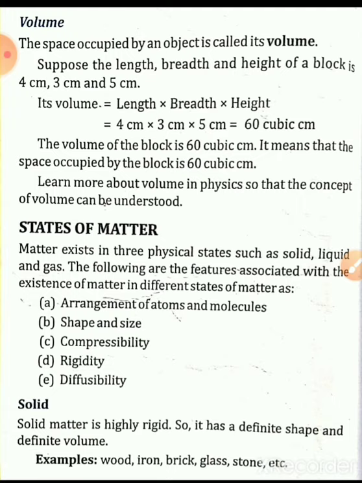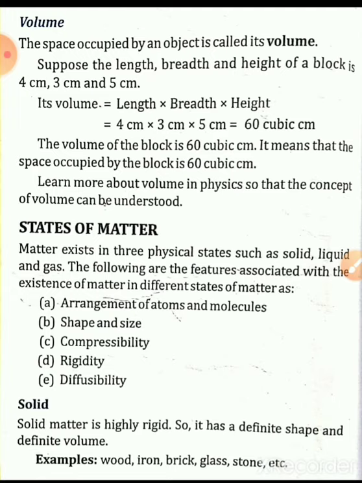Volume is equal to length into breadth into height. If we multiply length, breadth and height, we can know the space occupied by that block, or by any object. Okay students, so 4 centimeter, 3 centimeter and 5 centimeter: 4 times 3 is 12, and 12 times 5 is 60.